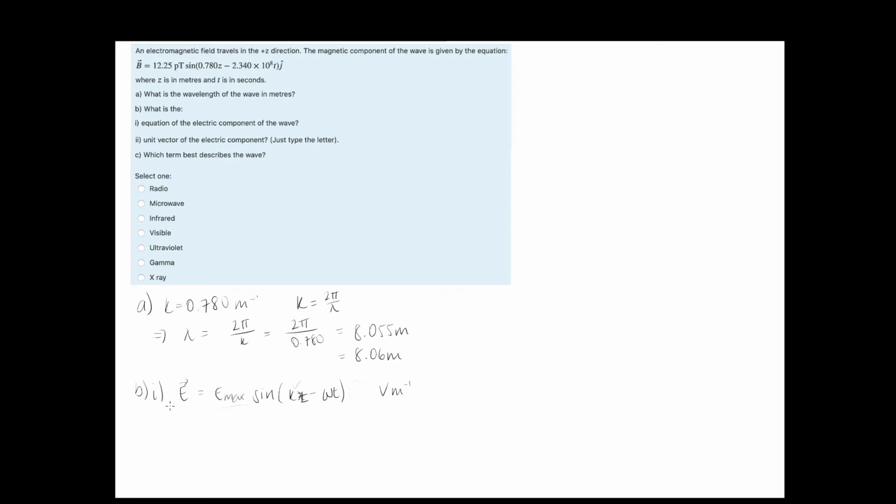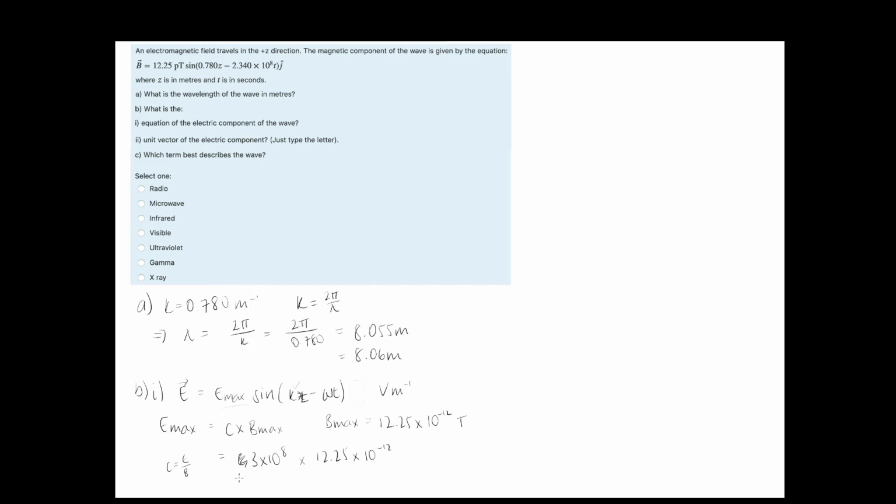So let's work out what Emax is first. Now, Emax is related to Bmax using our formula c equals E divided by B. Therefore, the max of the electric field is going to be c times Bmax. And for our scenario here, Bmax equals 12.25 picoteslas, which is 12.25 times 10 to the minus 12 teslas.